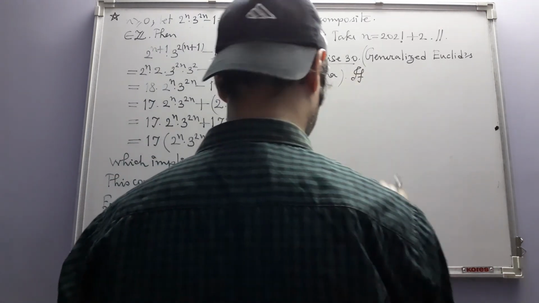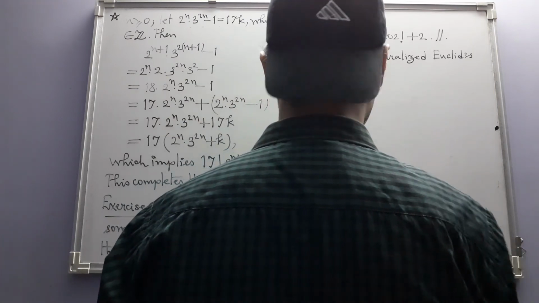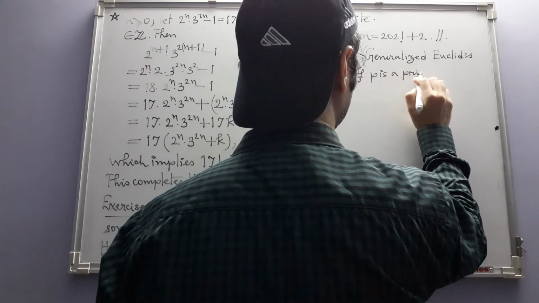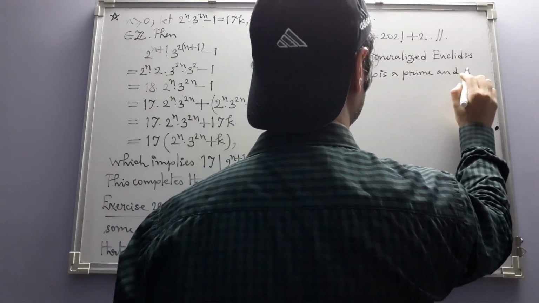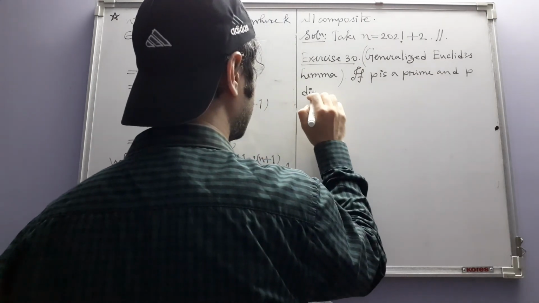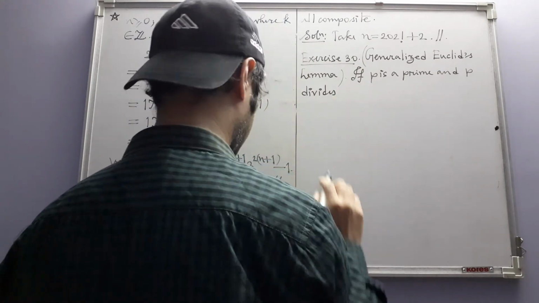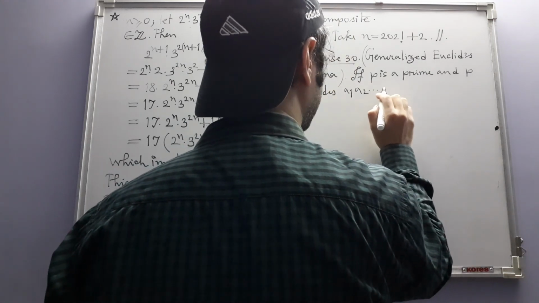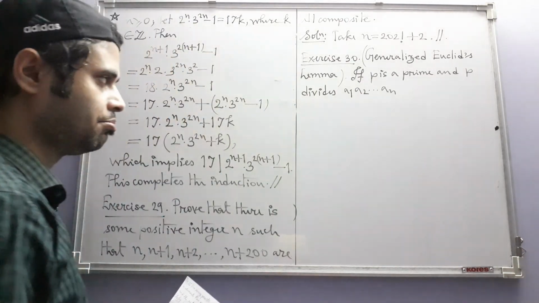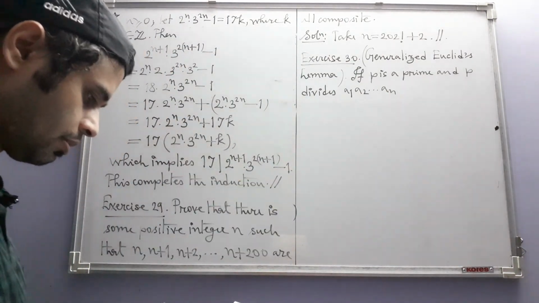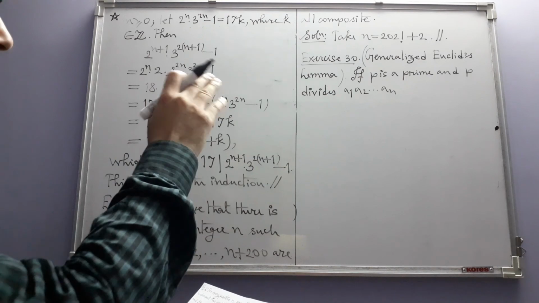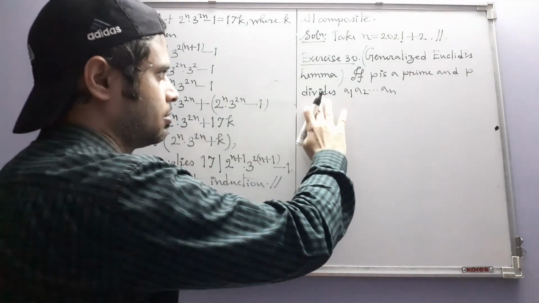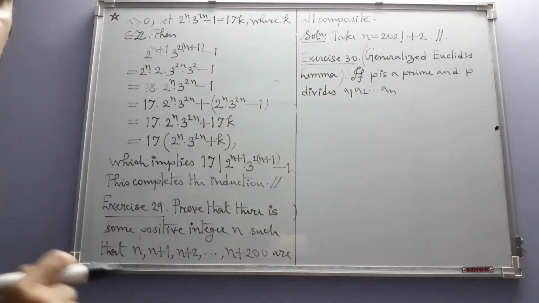If p is a prime and p divides a1, a2, etc. up to an, that is, p divides this product, where they haven't mentioned what these a1, a2 are, but we can understand since division is there, so these are integers.